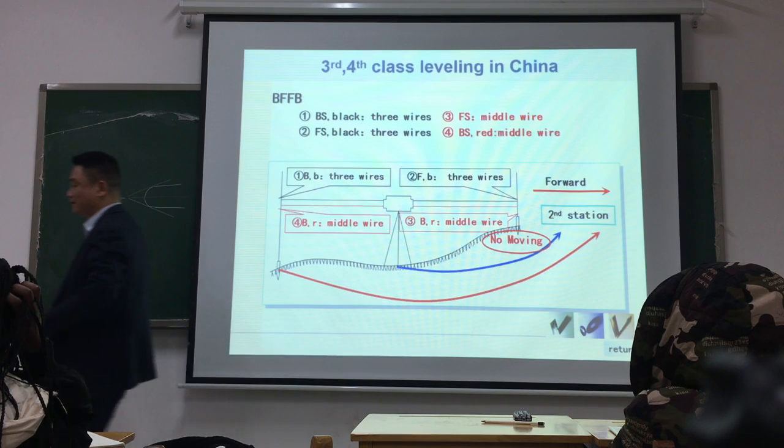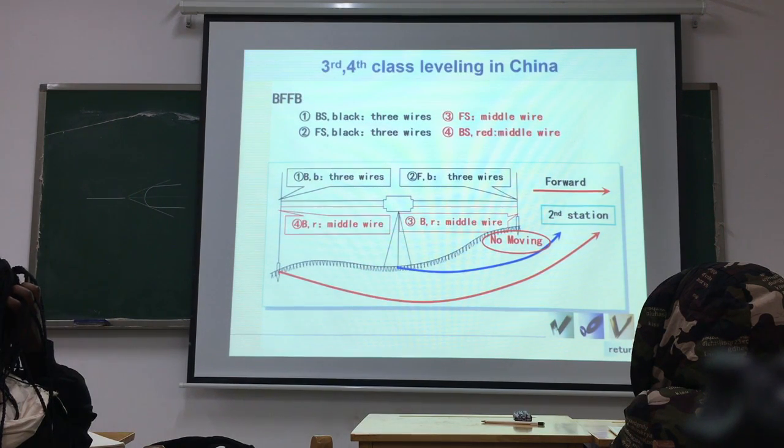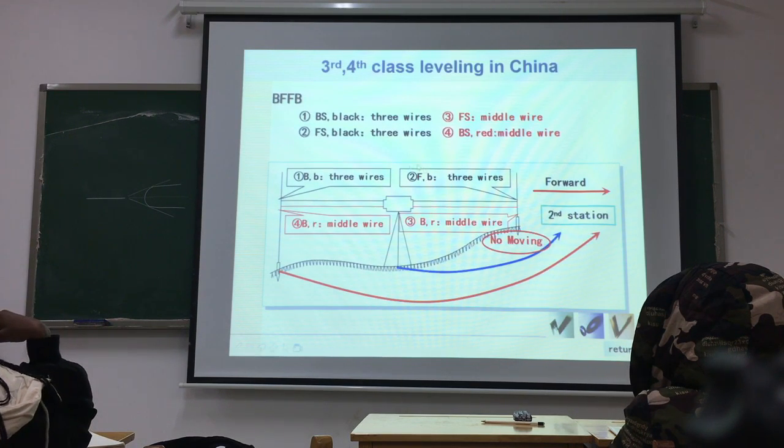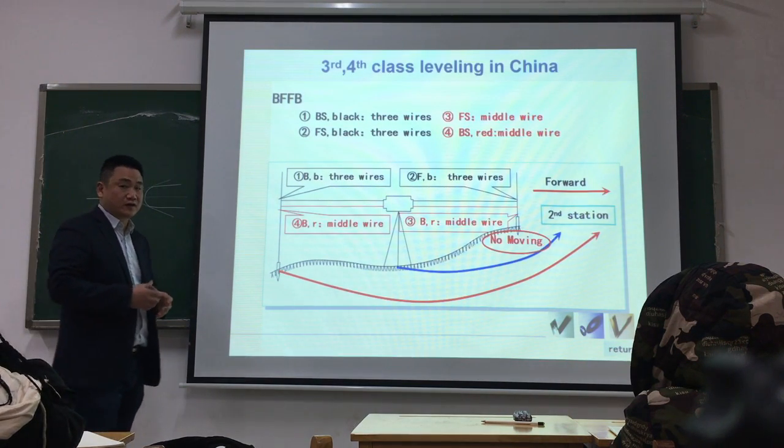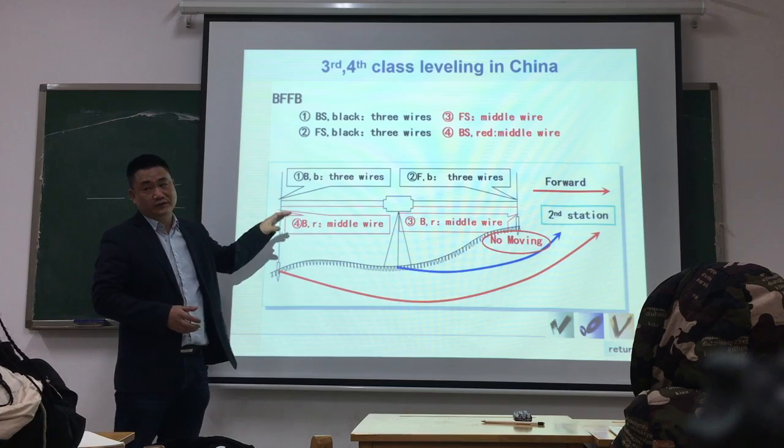Here we just give an example. We say the steps should be backsight, foresight, foresight, backsight. And after observation of this station, we must finish the calculation and checking of this station.